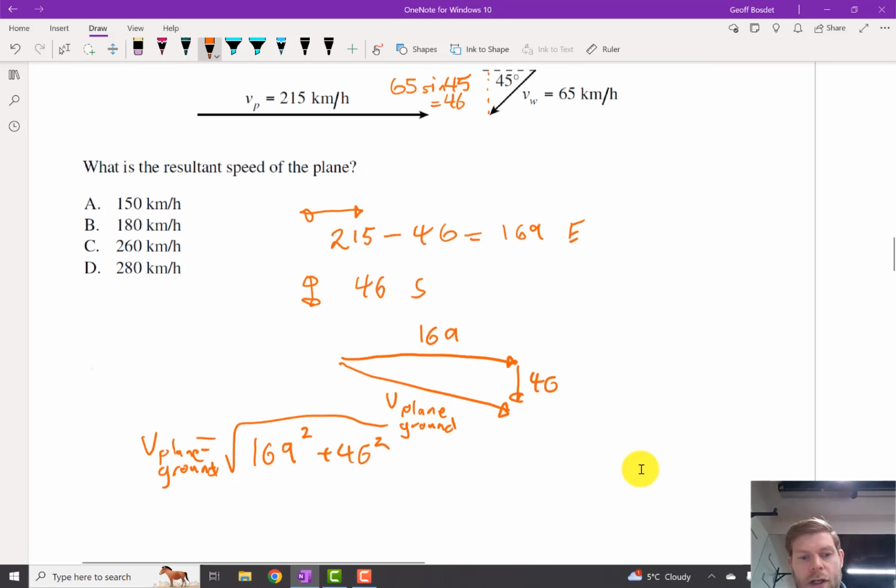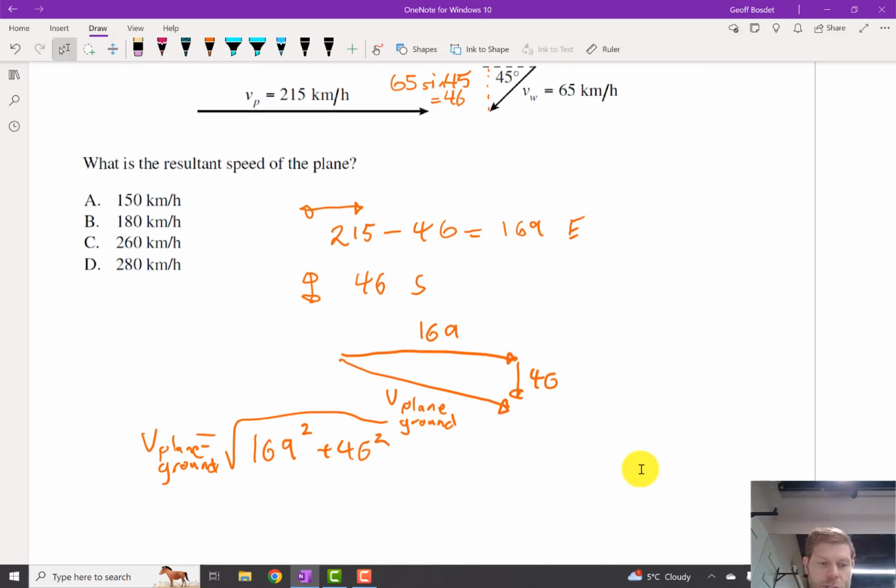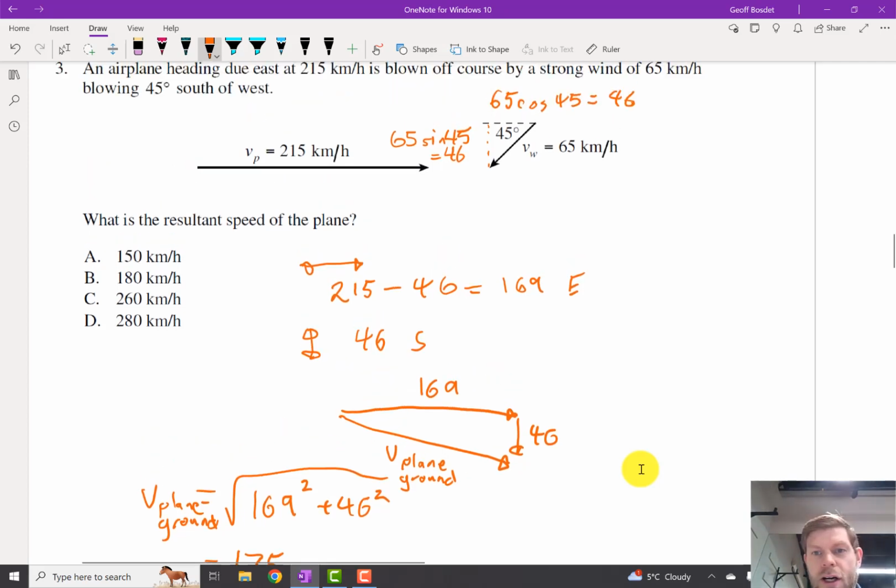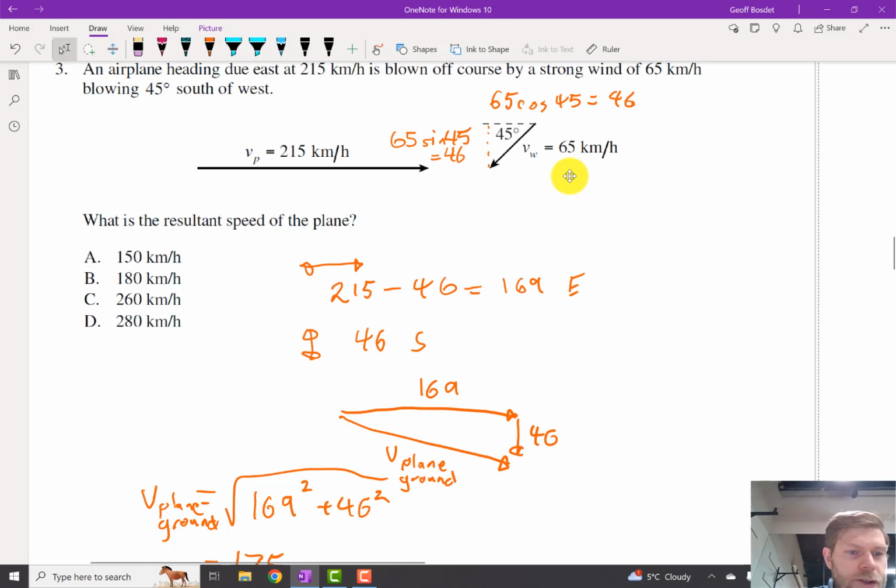So if we plug that into our handy dandy calculator, we would get 175. And you might be like, what? There is no 175 on here. But if you adjust for sig figs, given that this has only 2 sig figs, you'll find it does in fact round to 180.